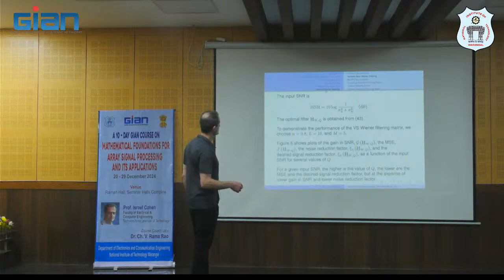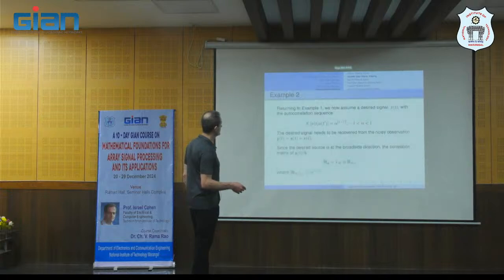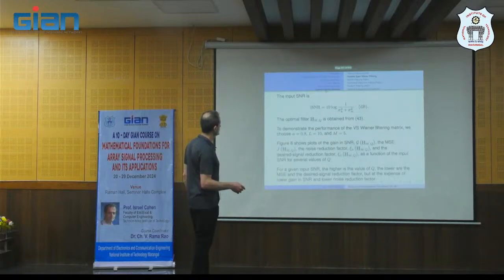Okay, so alpha equals 0.8, L equals 10, and M equals 5. Let me check the input SNR, since it also depends on the input SNR, as a function of the input SNR.